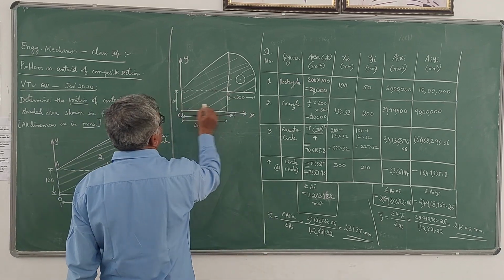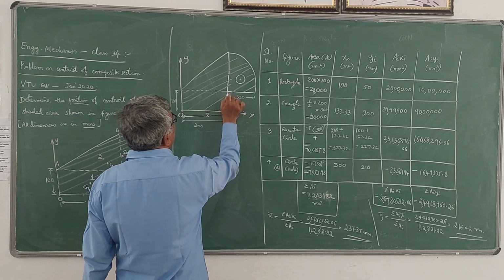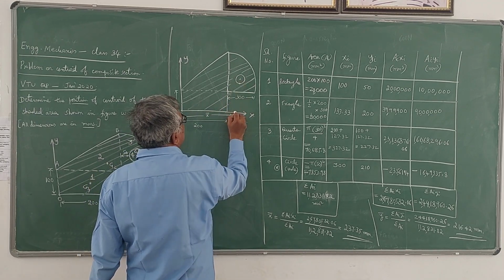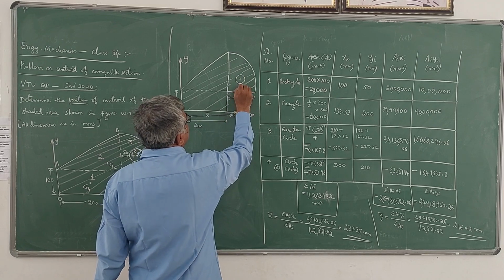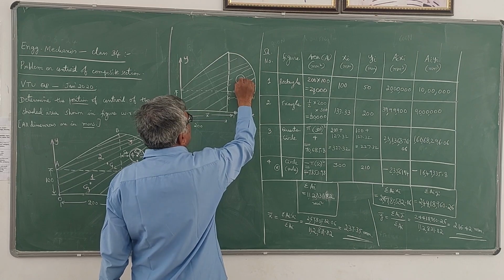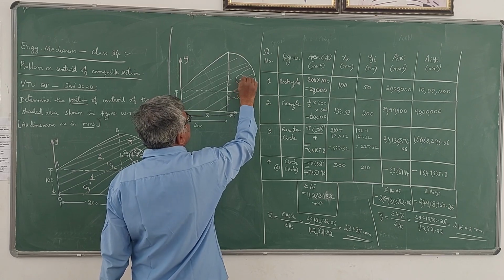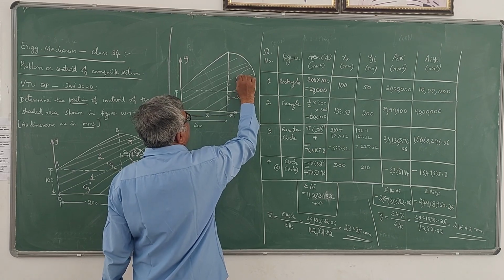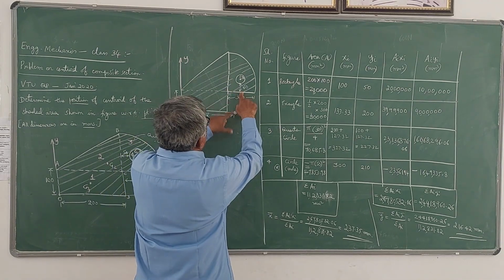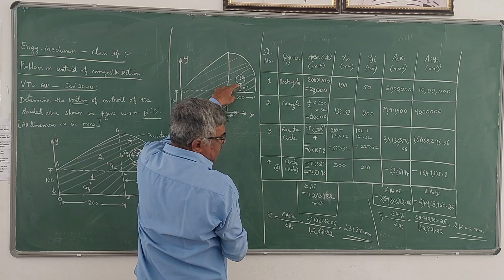From here to here is 100, so I will take y bar to be measured from here. Then he has given 60, so 160. And this radius he has given 50, so the diameter becomes 100.